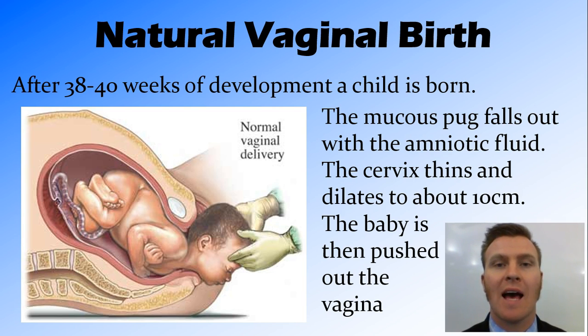Once the cervix has dilated to 10 centimeters, the baby is then pushed out the vagina. By this time, the baby's quite big, so getting through the birth canal is a little bit tricky. But there's a funny little twist that the baby does at this stage so that it can fit its shoulders through the pelvis.